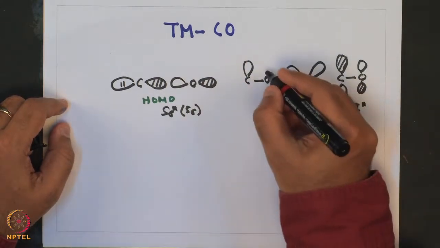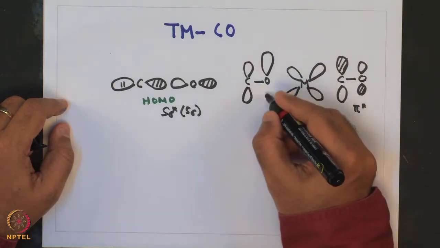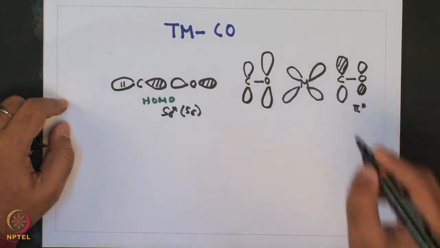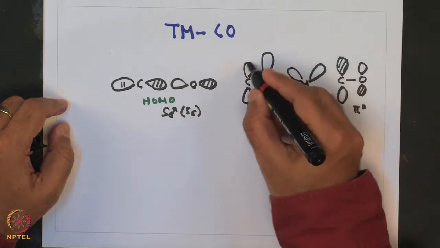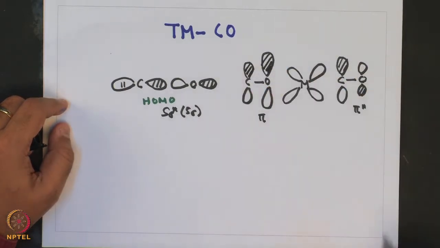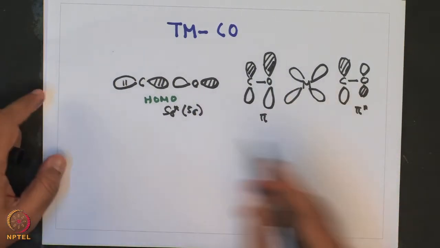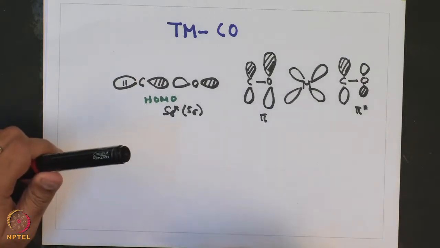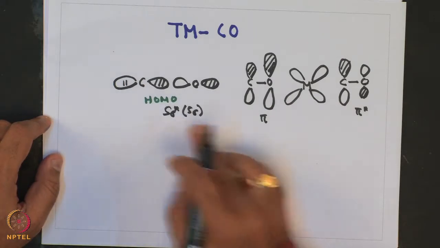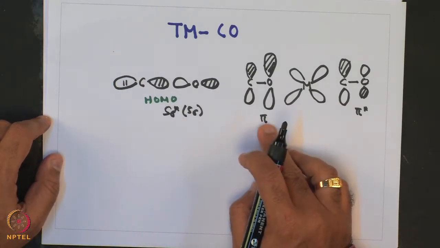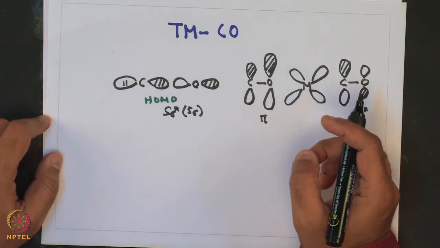Similarly, a CO pi orbital. Now, what we are focusing on in this lecture is how these orbitals, the sigma orbital and the CO pi and CO pi star orbitals, interact with the metal orbitals.